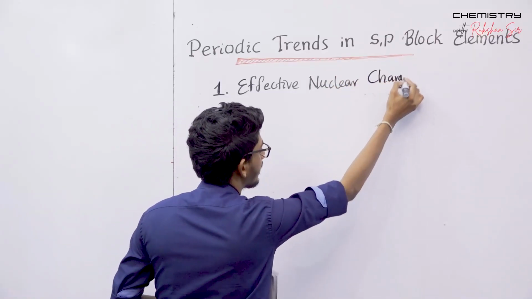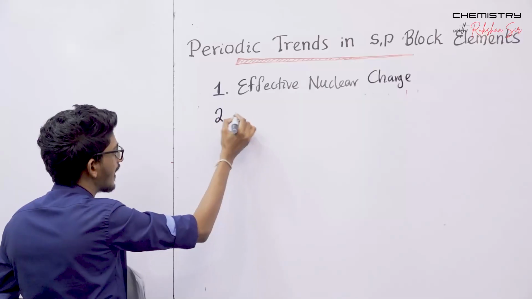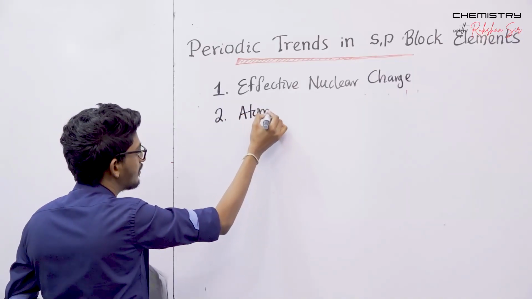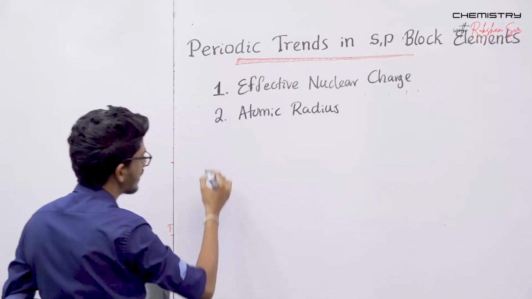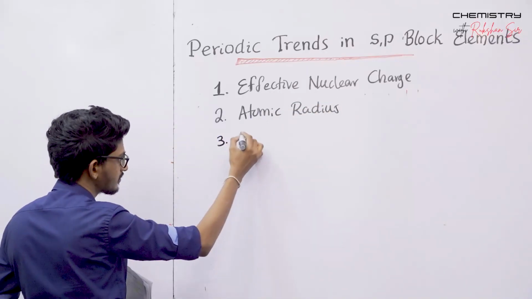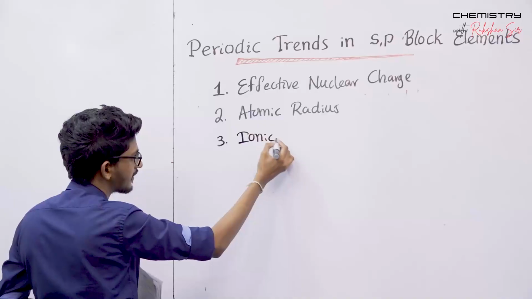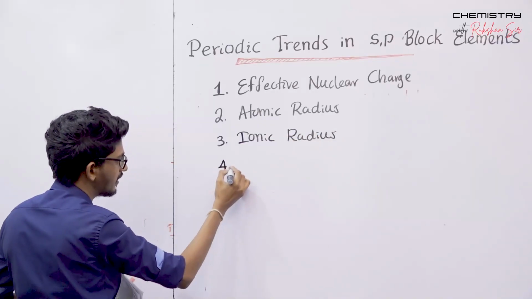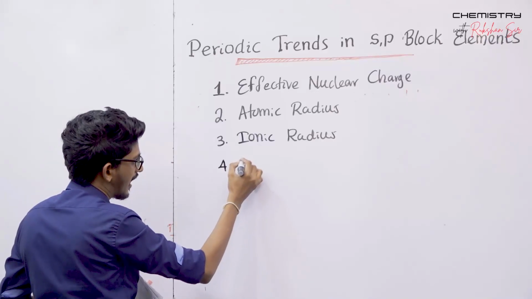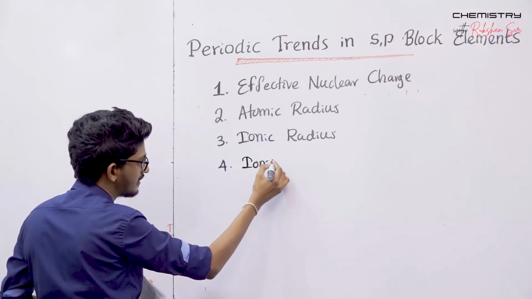Then we'll study the atomic radius under period trends. Then we will study the ionic radius, then the ionization energy.